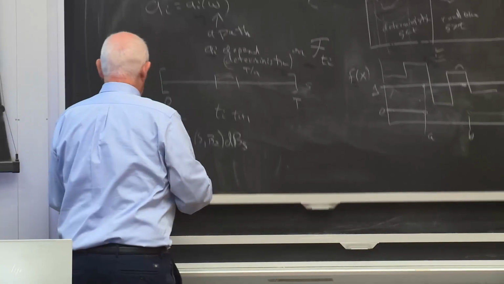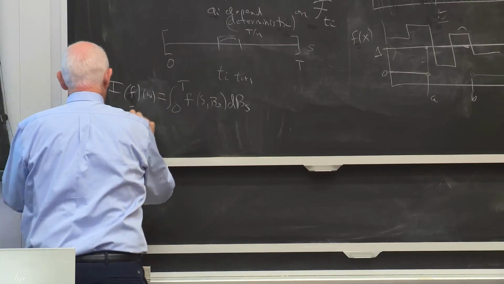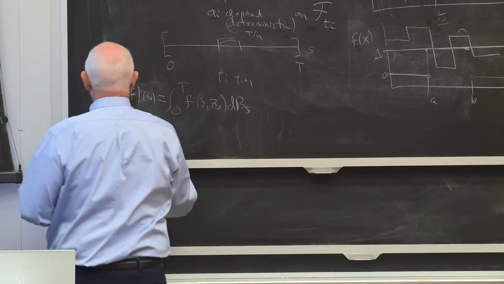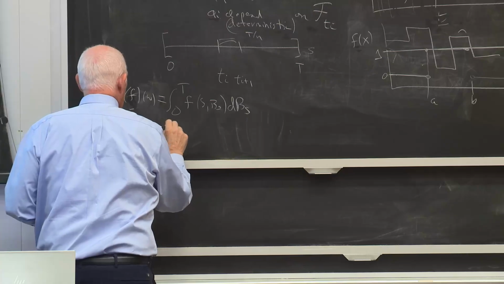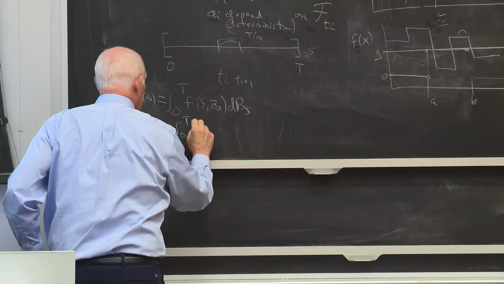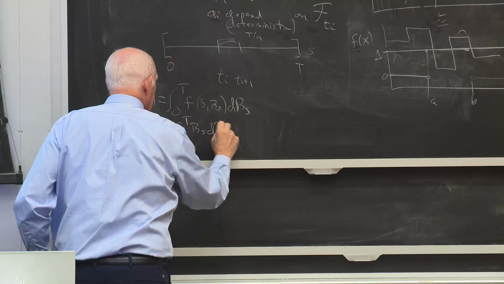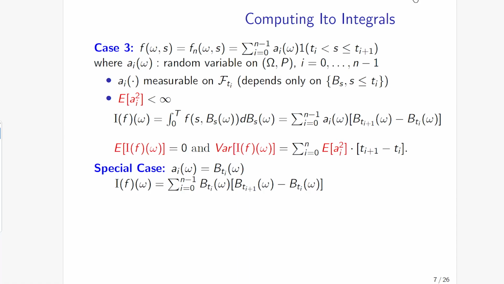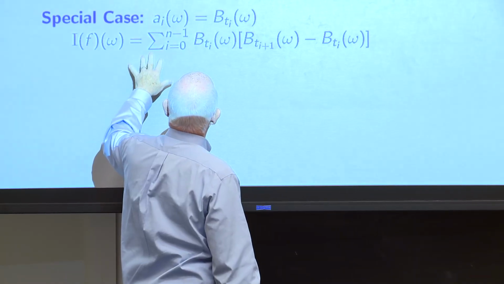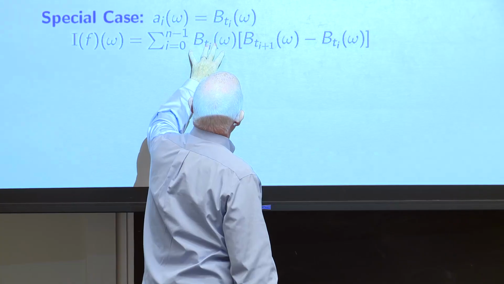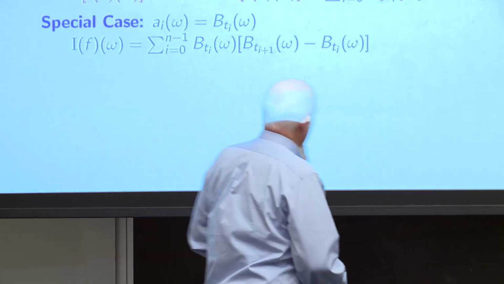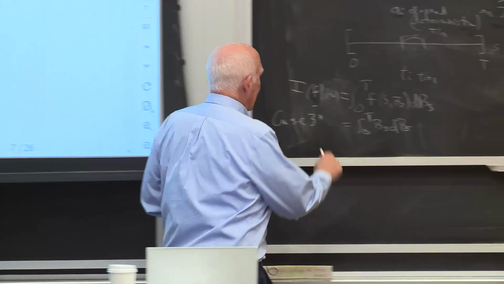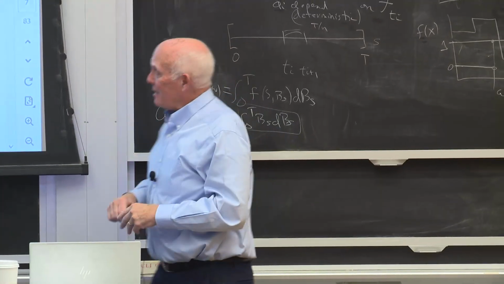We're thinking of this example, special case 3, the integral from 0 to T of B_s dB_s. If we consider discretizing this Ito integral with these random levels A_i, actually I'm getting ahead of myself. This integral will be a limit of these.